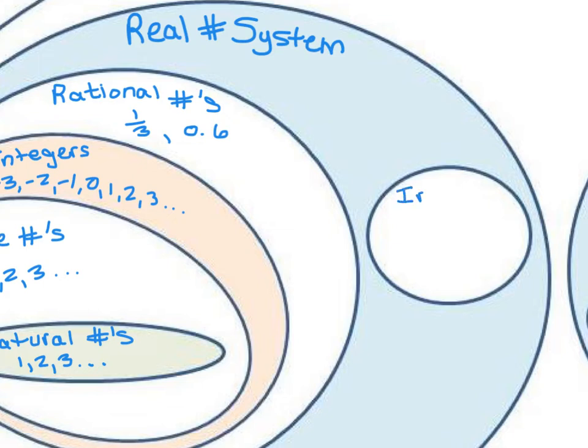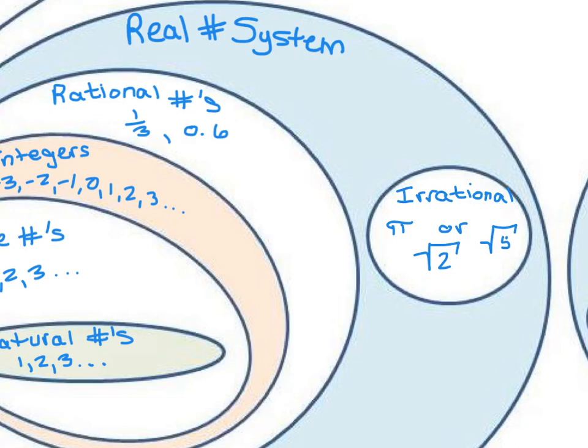So irrational numbers are over here on the side in the real number system. Technically, the textbook definition is that an irrational number cannot be written as a fraction of integers. An irrational number would be numbers like pi, or the square root of any imperfect square, say the square root of 2, the square root of 5.